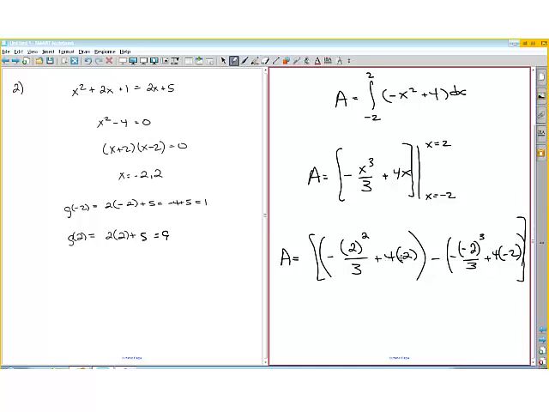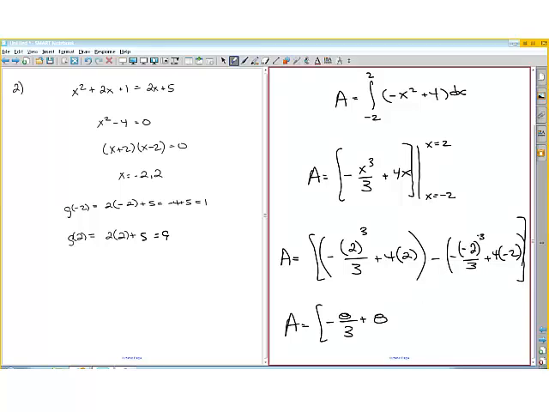Okay, so what we're going to have is plus 8, but then you have a negative times. Well, does that actually cancel out? I don't think it does cancel out, does it? No, it doesn't. Okay, so the area equals. I forgot to cube it, didn't I? 2 cubed, which is 8, negative sign. So we get negative 8/3 plus 8.